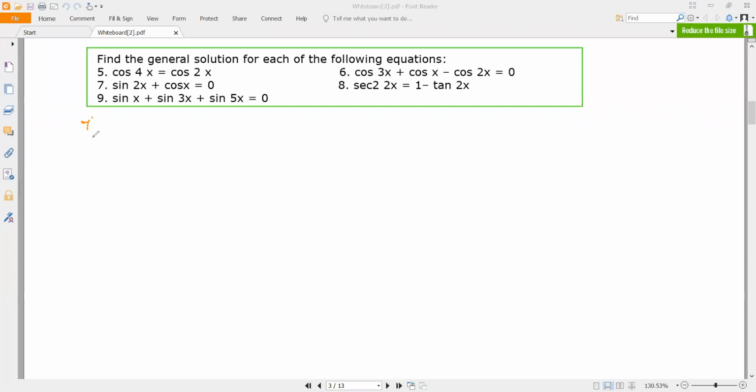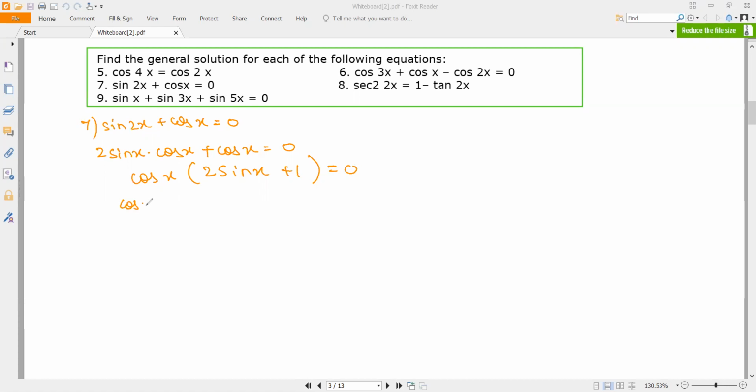So your seventh question is sin 2x plus cos x is equal to 0. Sin 2x is 2 sin x into cos x, plus cos x is equal to 0. You can take cos x common: cos x into 2 sin x plus 1 is equal to 0.